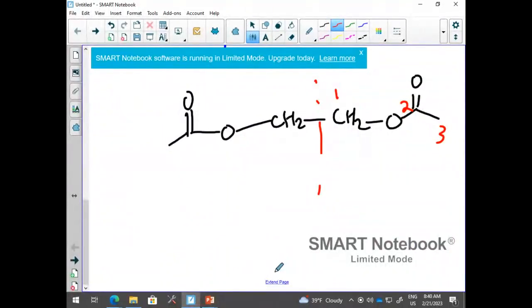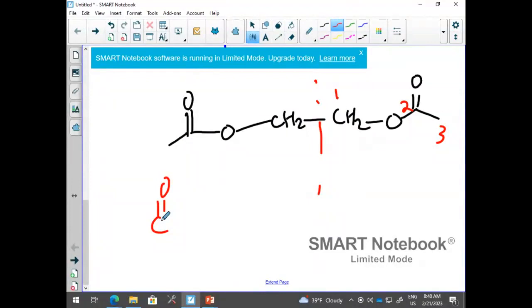Now, for instance, if you look at a CO double bond, let's look at this bond alone. This bond is one of the most polar bonds you have. It's not the most polar, but one of the most.